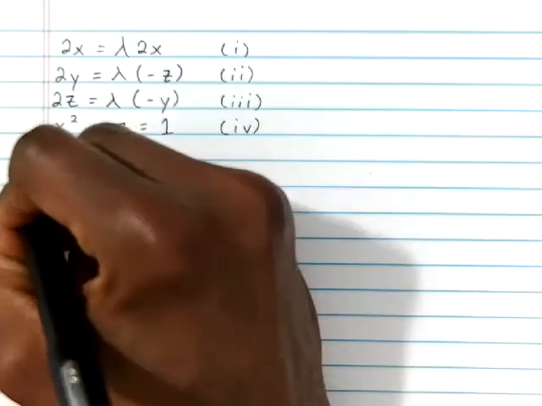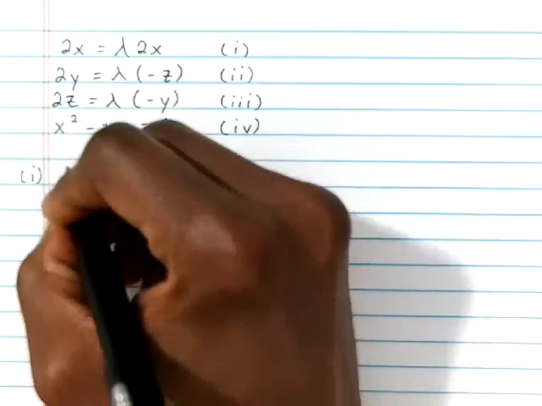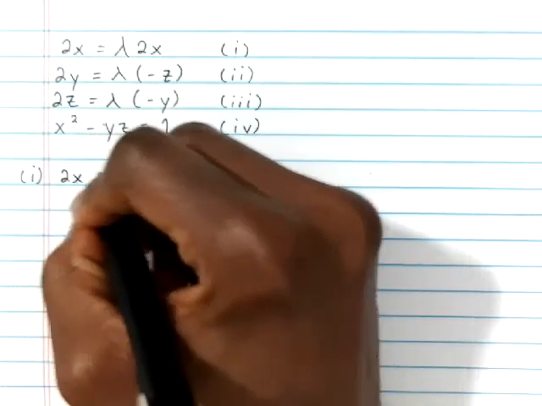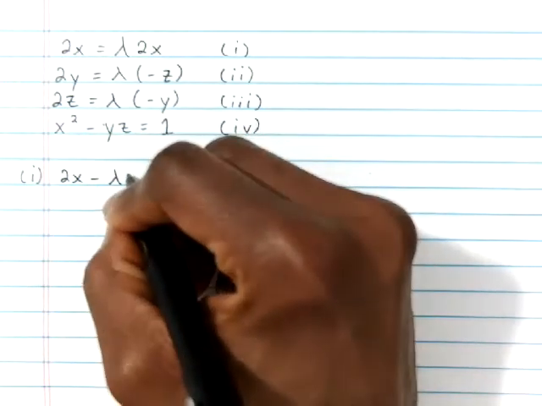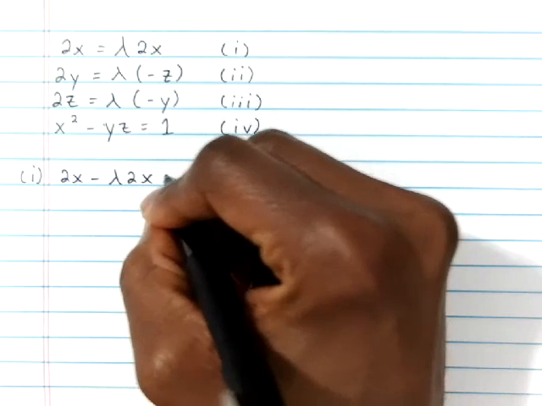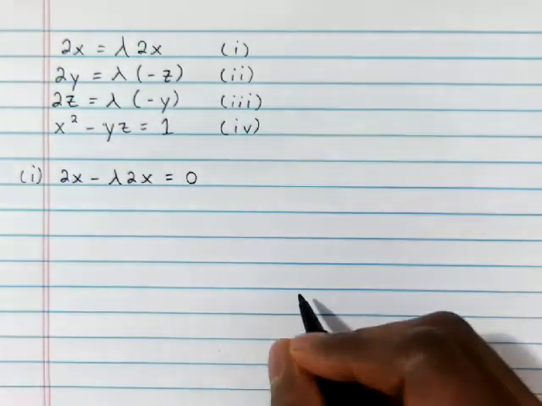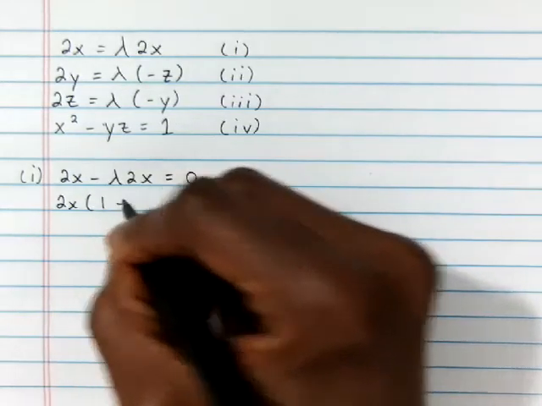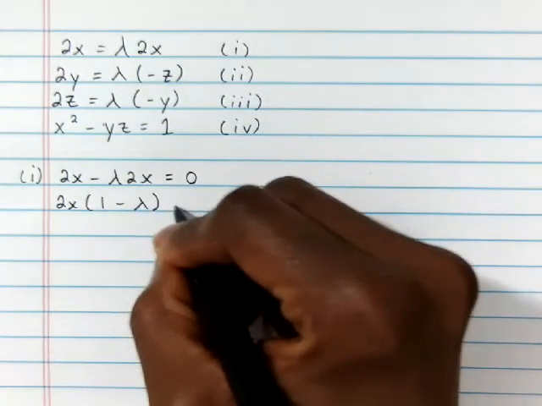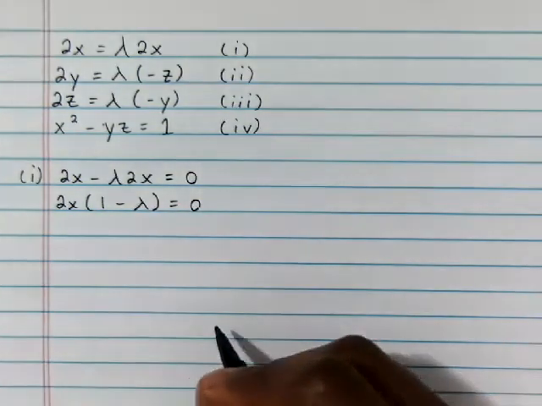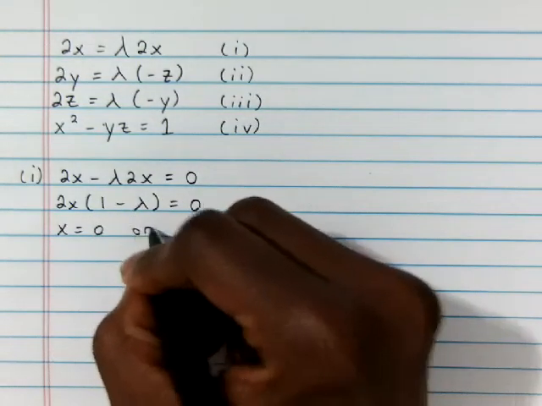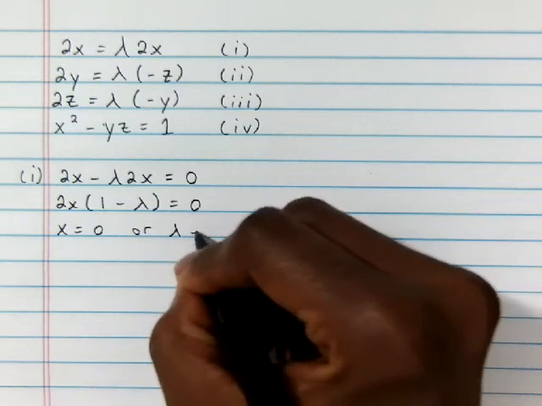All right, so starting with 1, we move everything over to the left-hand side, and it's 2x minus lambda times 2x equals 0. And we can factor out a 2x from this, and we get 2x times 1 minus lambda equals 0. And now this tells us that x equals 0 or lambda equals 1.